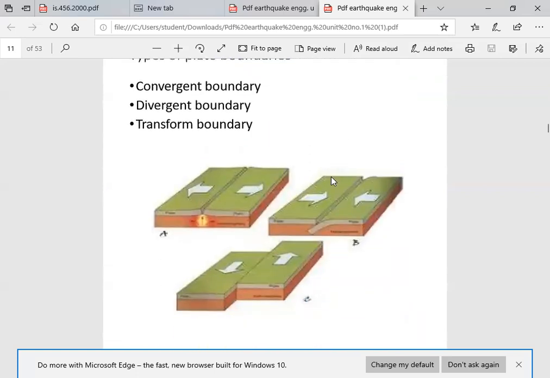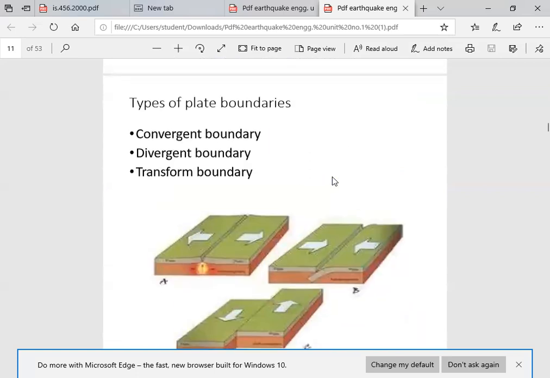Okay, again there are different types of plate tectonics. You should know the plate boundaries. There are seven major plates in our world, and based on this there are different plate boundaries. You should know what the different types of plate boundaries are. The first one is the convergent boundary, the second is the divergent boundary, and the third is the transform boundary.